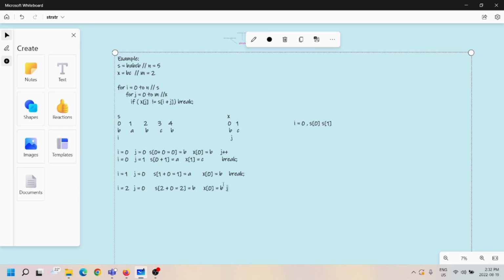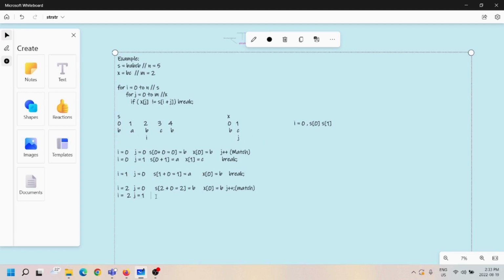Now we found the match, so we are incrementing J. Now when we found the match here, I will still be at 2, but J is going to be at 1. So I came here, all right, and J came here.